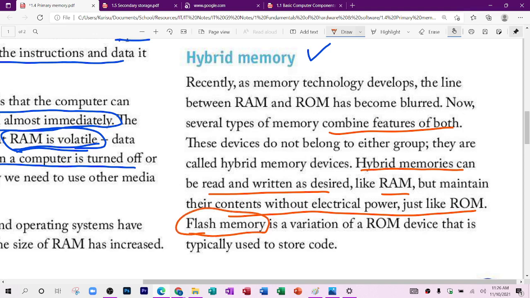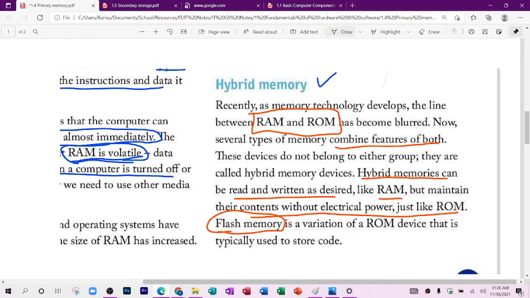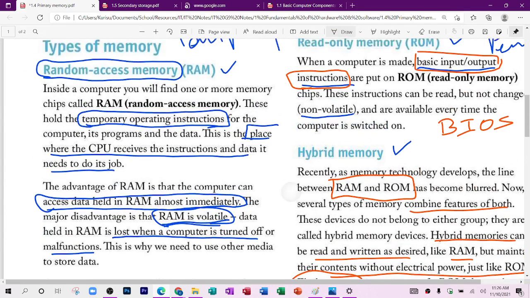Good. So, hybrid memory is basically a combination of RAM and ROM. It took the advantages of both of them and made it into one type of memory. So, for example, the disadvantage of RAM is that it is volatile.